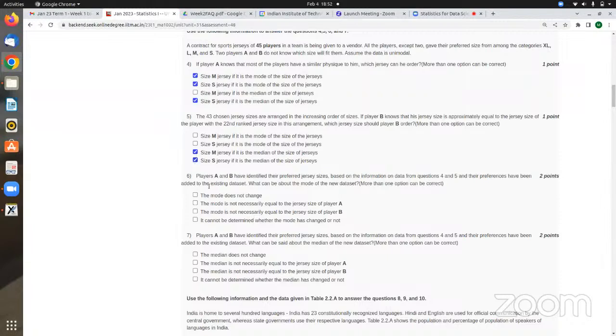Player A and B have identified their preferred jersey sizes, and their preferences have been added to the existing data set. So the mode does not change. What kind of jersey size will A have and what will B have? That is important, right?